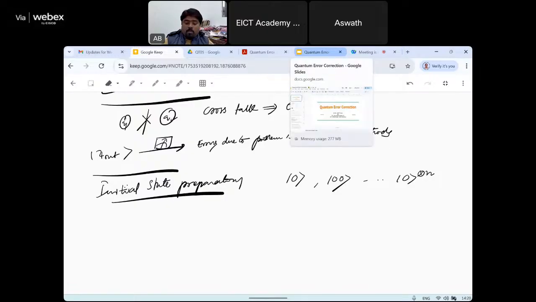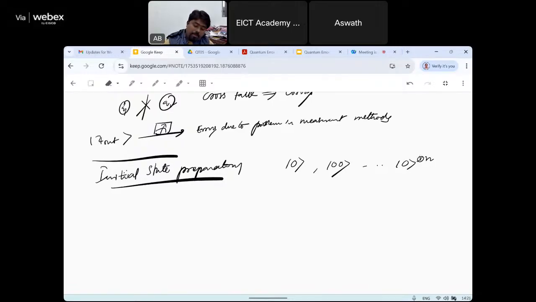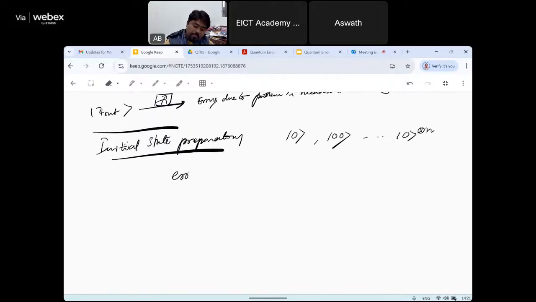But because of some problem in my preparation, I would end up creating errors, leading to a preparation of something like 000, that is 0 n times, with one flipped. Your last but one qubit is supposed to be 0, but it is not in 0, it is in a bit flip state. That is the error. So these are initialization errors.